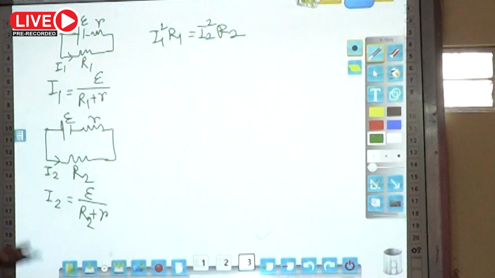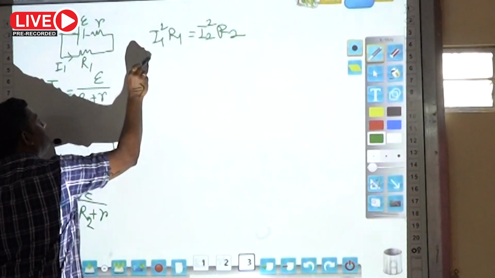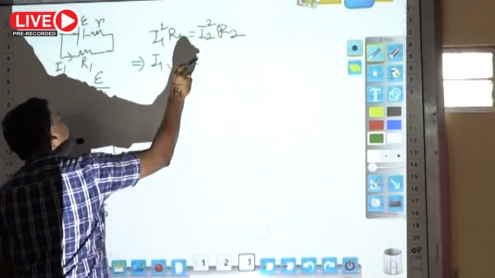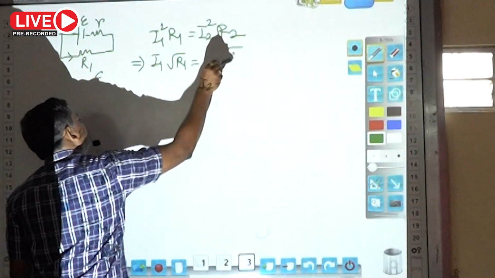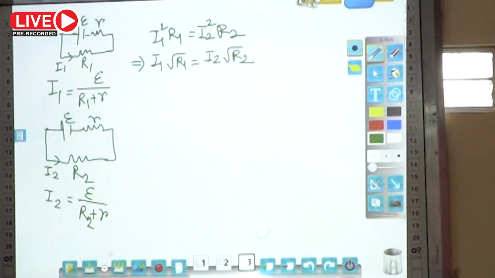Power is I square R. So I write for the first circuit I1 square R1, for the second circuit I2 square R2, and that is given equal in the problem. Then first take a square root of both the sides. You will get I1 root R1 equal to I2 root R2. Then put the value of I1 and I2 directly.